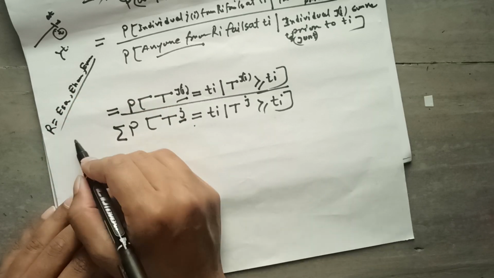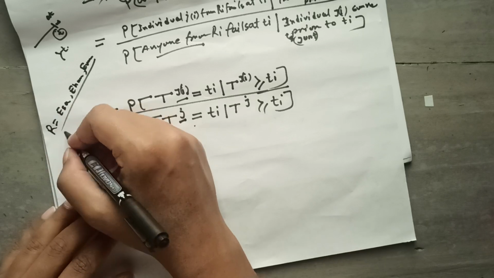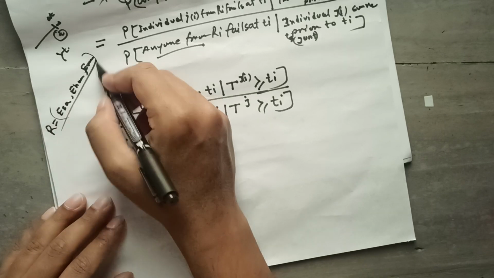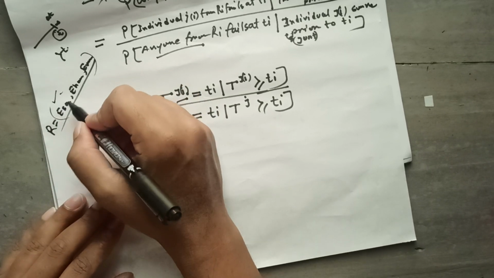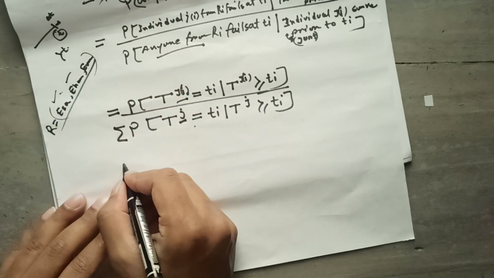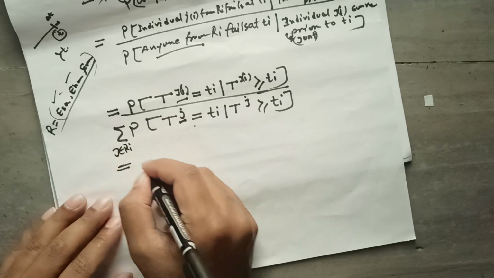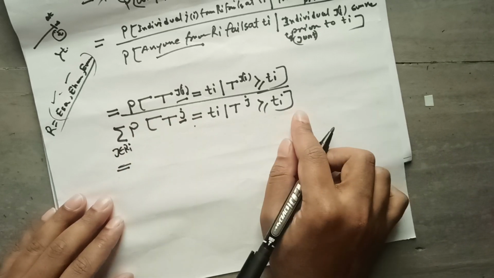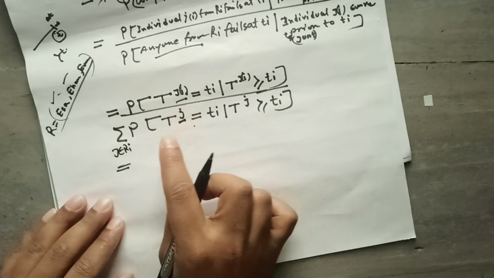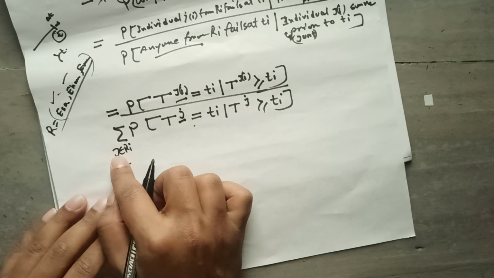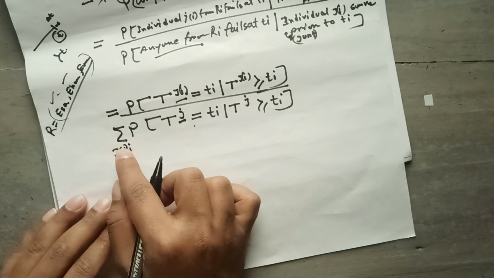Then the summation will be applied for everyone, so that we can combine them. So the summation will be where J belongs to Ri. Everyone from the risk set will be included at the denominator. That's why we sum up over J in Ri.